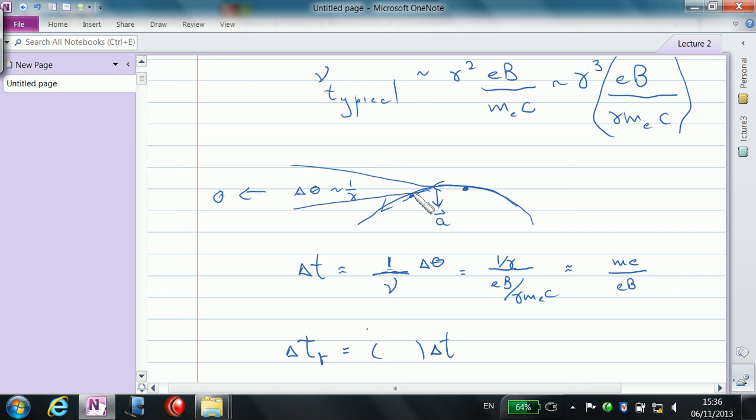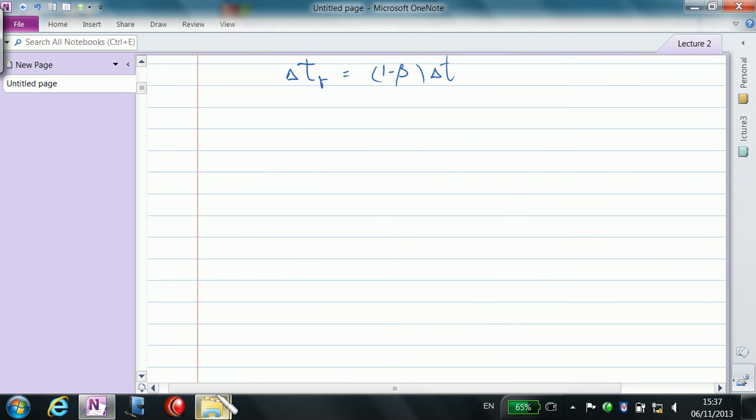The particle is moving towards him at a speed of beta c, which means that the difference in time when you emit pulses, if a source is moving towards you and emits pulses, the difference between the arrival time of the... It's not the Doppler effect. It's the arrival time effect.